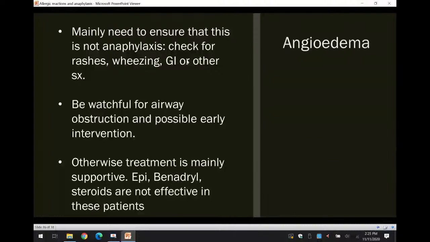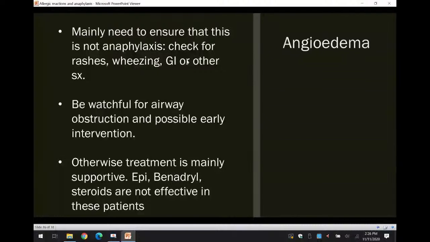For your ACE inhibitor-induced angioedema, it's just waiting it out. There's really nothing that we can do other than wait until the medication leaves the system. Sometimes they'll apply ice to the affected areas to try to get some of the swelling to go down, but it's just waiting and watching.